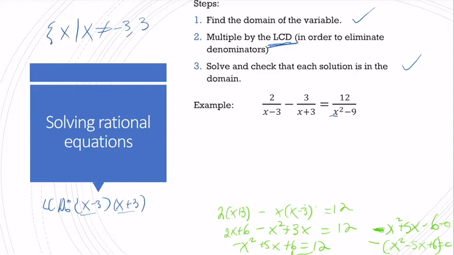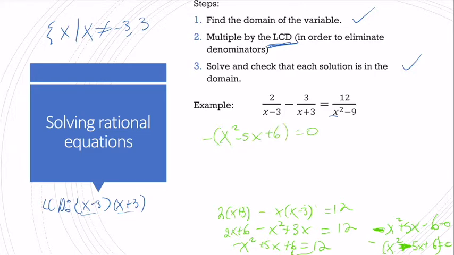I need to factor this, sorry. So I have negative x squared minus 5x plus 6 equals 0.